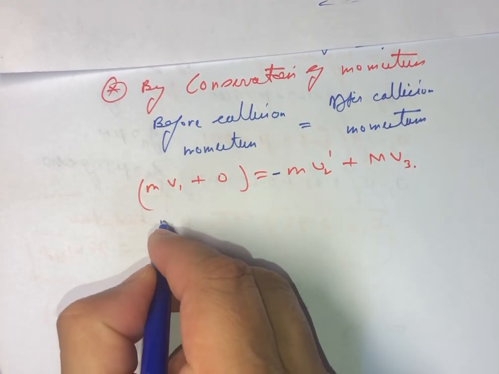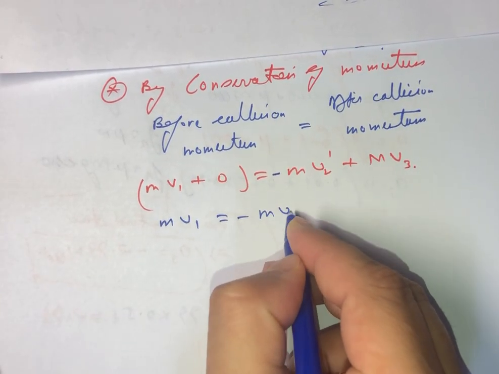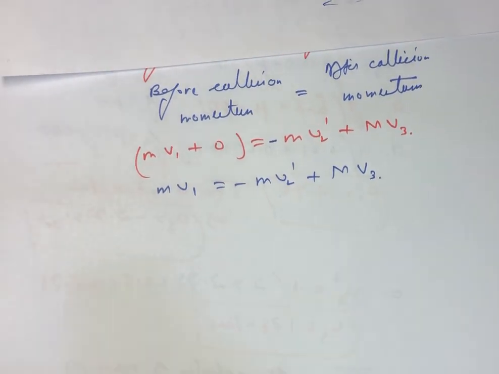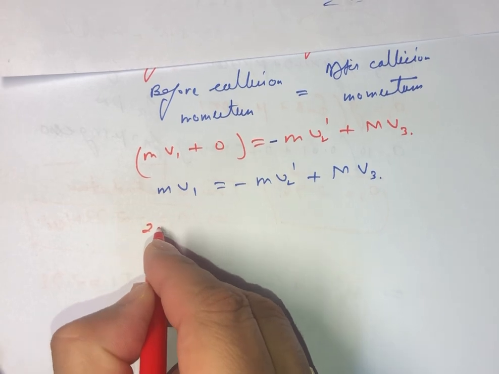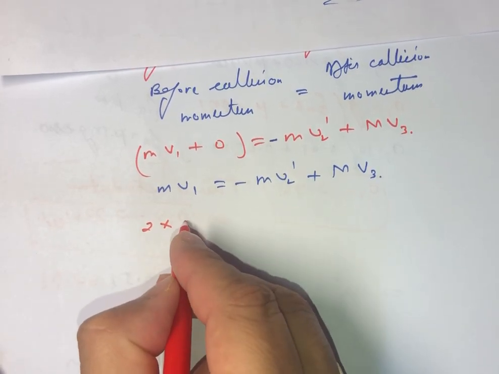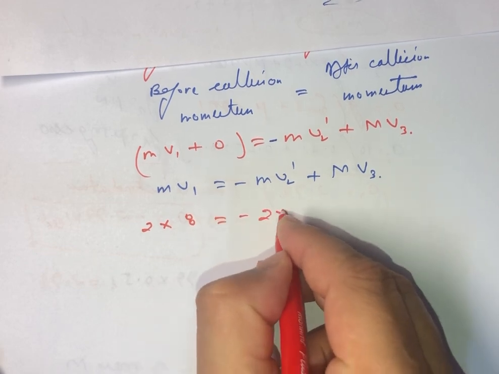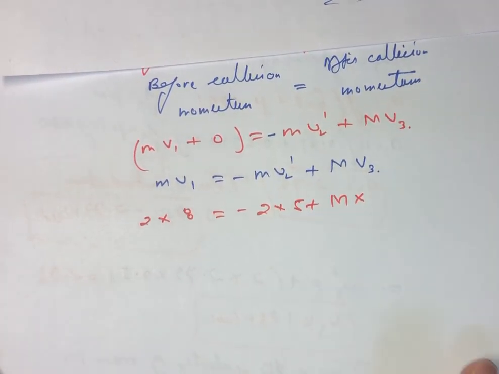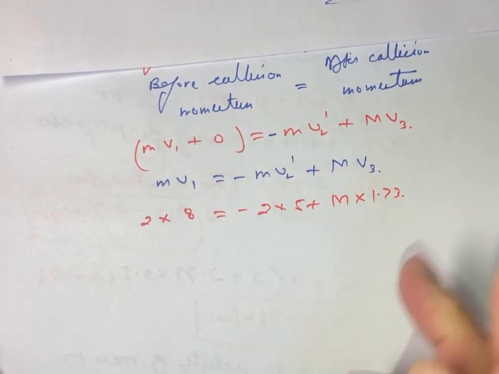So we get m v1 is equal to minus m v2 prime plus capital M v3. We substitute the value, mass m is given as 2, v1 we get as 8, is equal to minus 2 into 5 plus capital M, and v3 we found out as 1.73.